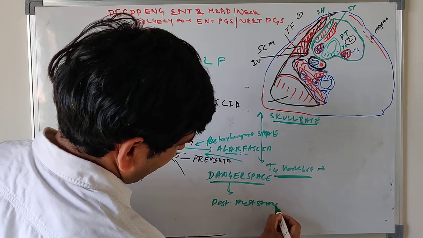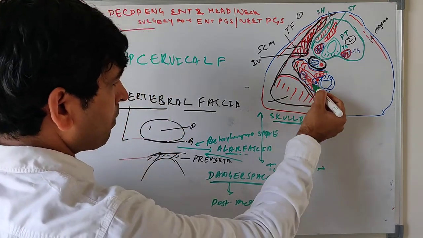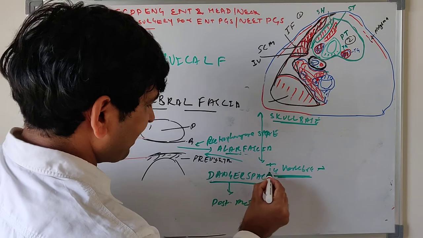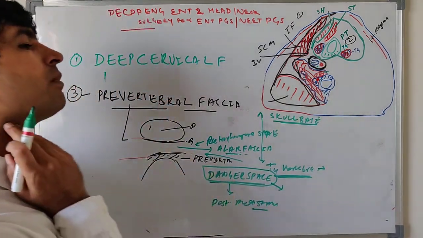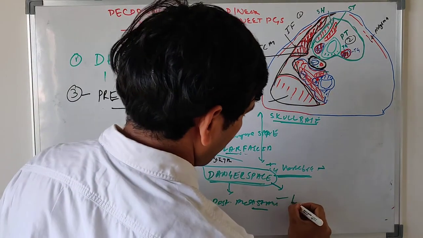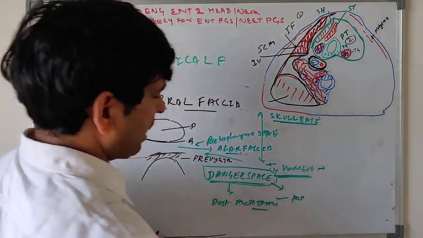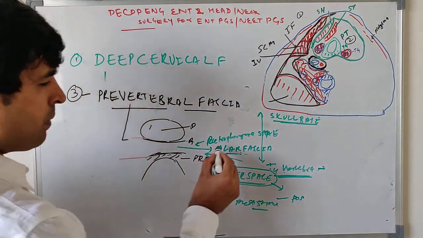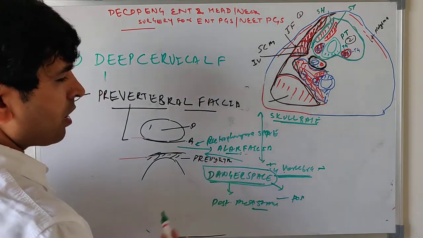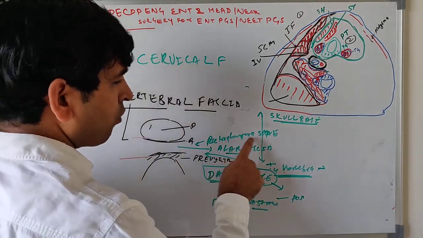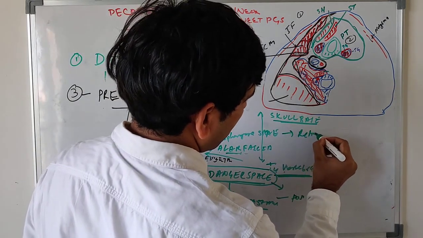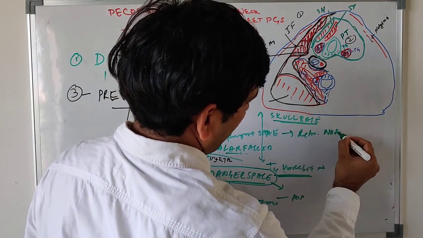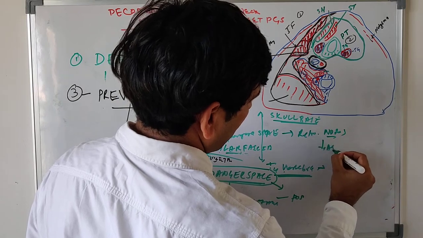Any infection in the prevertebral space, especially in the danger space, leads from a neck infection into the posterior mediastinum up to the level of the T4 vertebra. And anterior to this alar fascia is the retropharyngeal space, having retropharyngeal nodes, which may have access here.